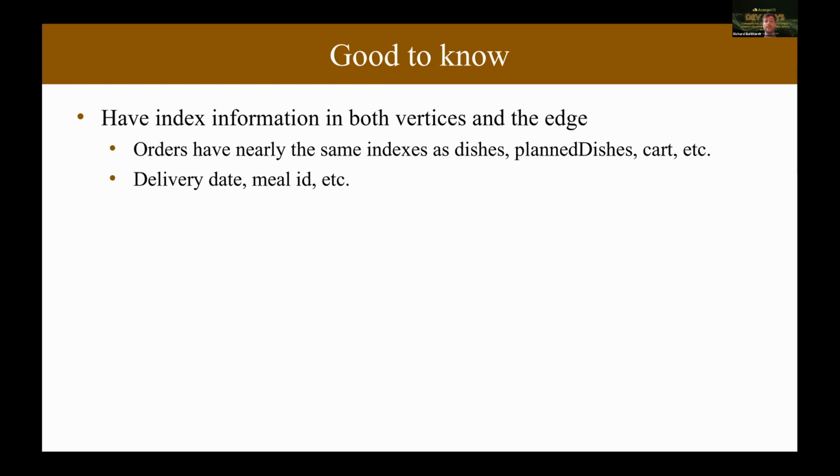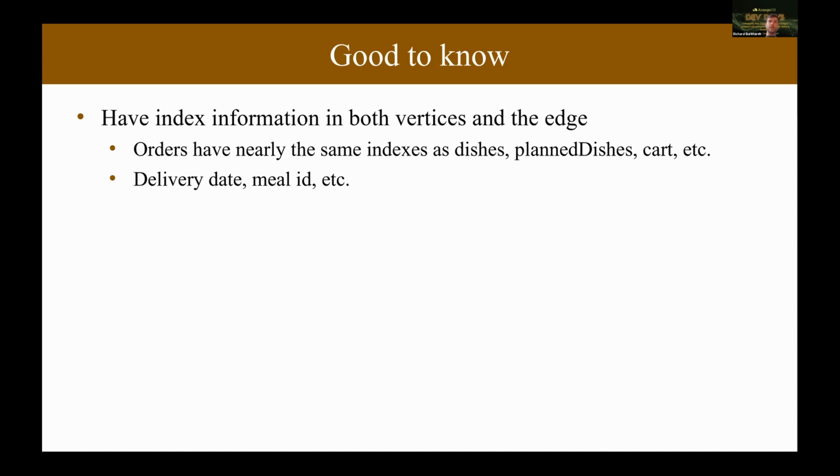What's also good to know is I would always have my index information in both vertices and edges. If you have a traversal tree and you created your tree based on your logic, sometimes you don't want to traverse your whole tree, just parts of it.